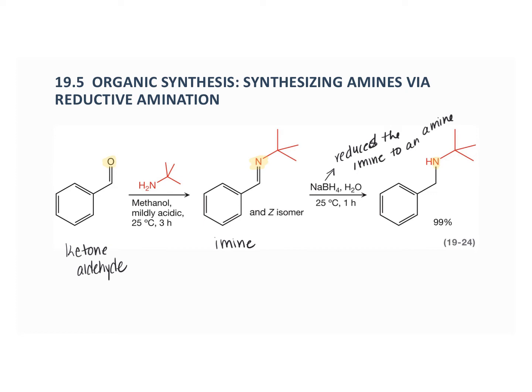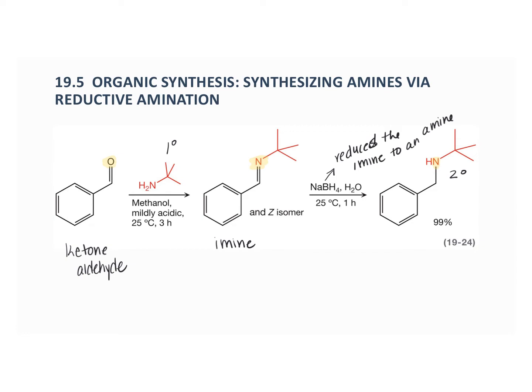So that carbonyl oxygen is basically replaced with a nitrogen atom. In the example that's shown here, particularly, a primary amine was used to produce a secondary amine. So there's a primary amine here, and now we've produced a secondary amine here, proceeding through an imine intermediate. So that's how we would describe this reaction.